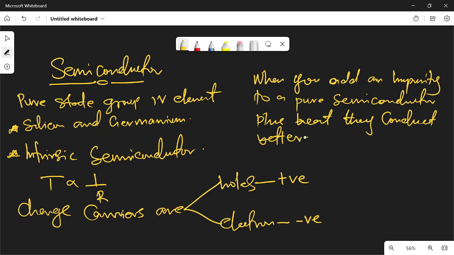Are we together now? When you add an impurity to a semiconductor, they do what? They conduct better. But immediately you add an impurity to a semiconductor, that semiconductor, instead of being an intrinsic semiconductor, becomes an extrinsic semiconductor.